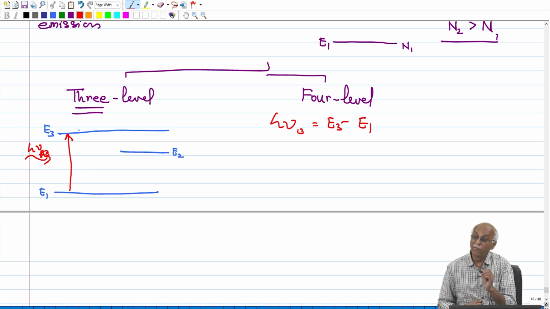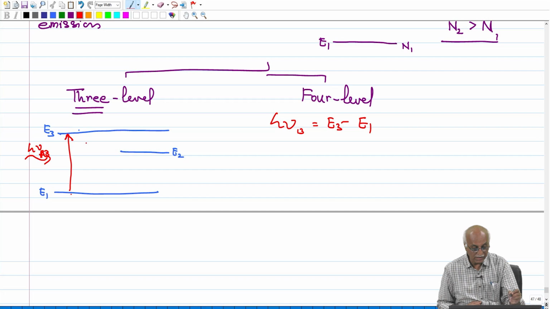If we use a photon with frequency matching h nu equal to E3 minus E1 energy, what will happen? The ground level atoms will absorb this and go to the upper energy level, E3.